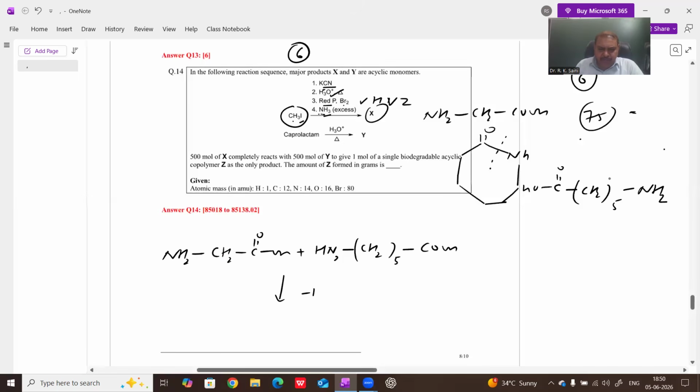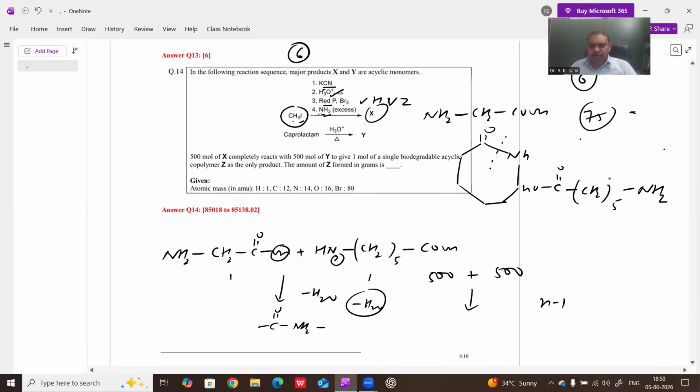Then they eliminate 1 water molecule and make a peptide bond, CONH. It means when 1 and 1 molecule of reactant take part in the reaction, then they eliminate 1 molecule of water. When 500 and 500 molecules take part in the reaction, then they eliminate n minus 1, means 1000 minus 1, means 999 molecules of water are eliminated. Therefore, we find the mass of the polymer is mass of 500 molecules.